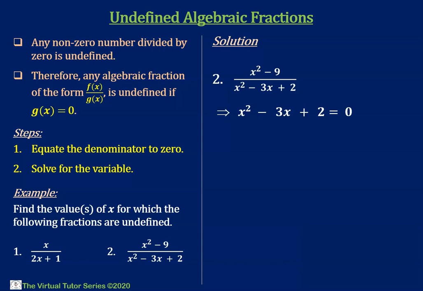This is a quadratic equation, and we can solve this by first finding two factors of the product of the coefficient of x squared and the constant term, which sum up to the coefficient of x.